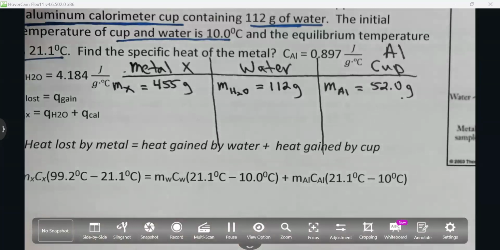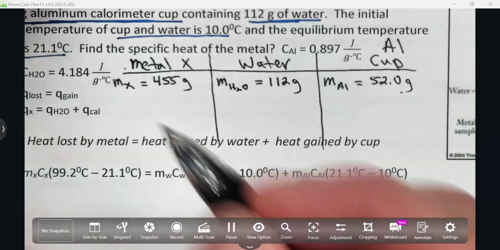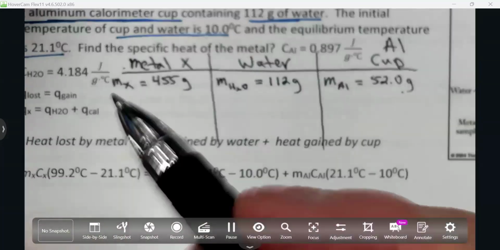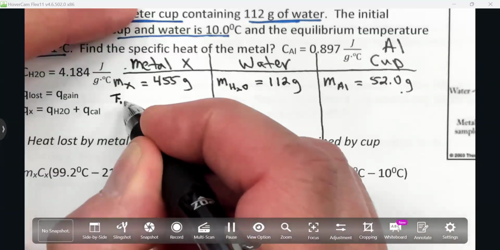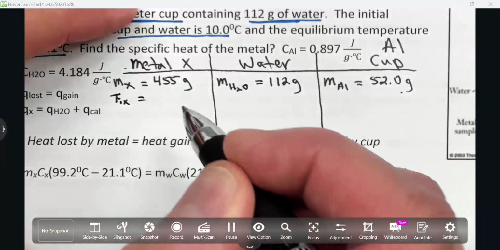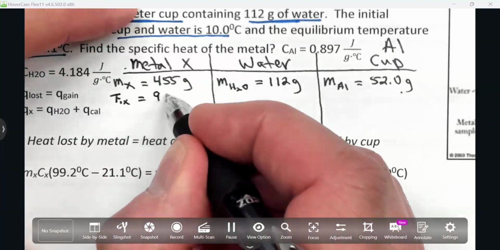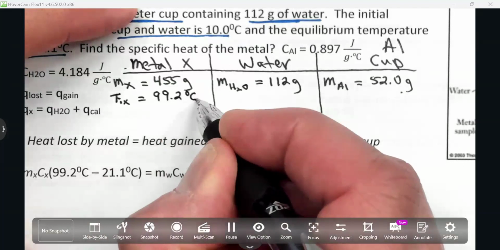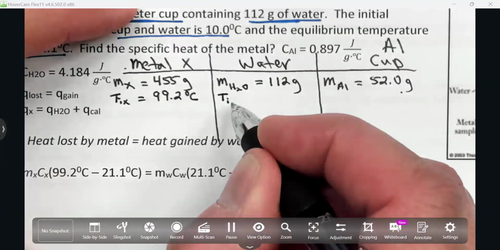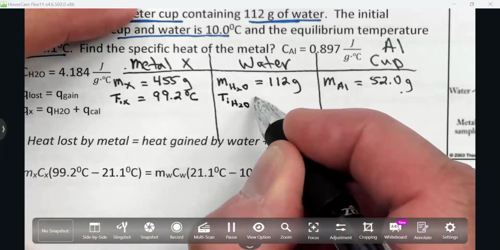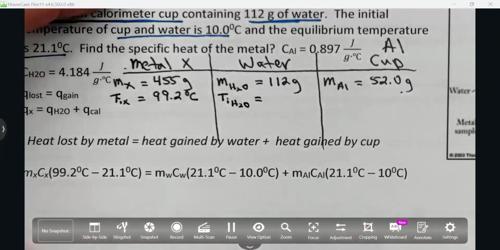Now, T initial, T final. T initial of my metal is 99.2. My water starts out at 10.